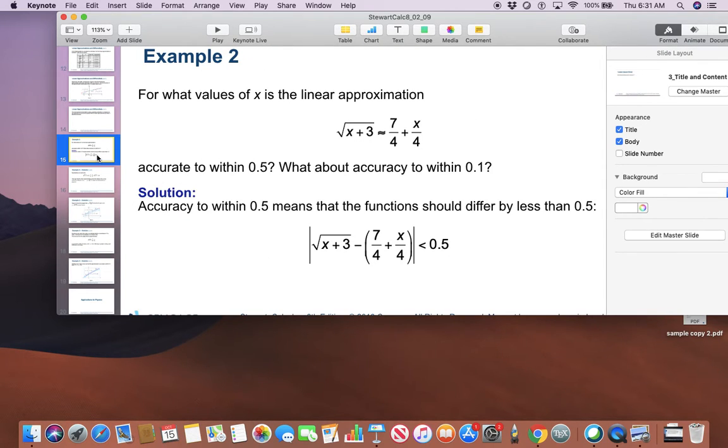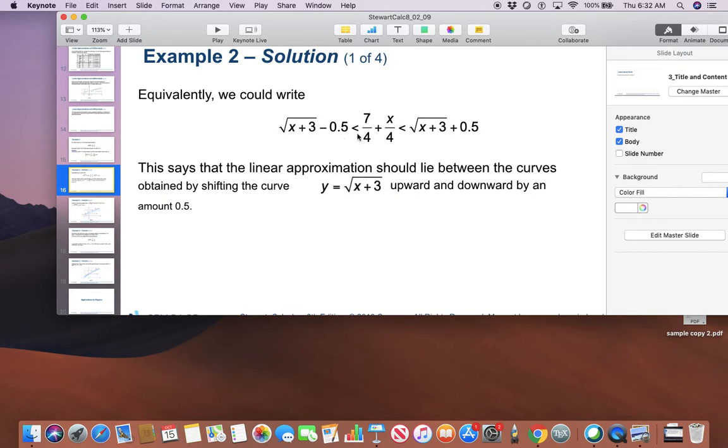So what does that mean? If I open this up, it means the square root function minus 0.5 is less than the approximation, which is less than the square root plus 0.5.